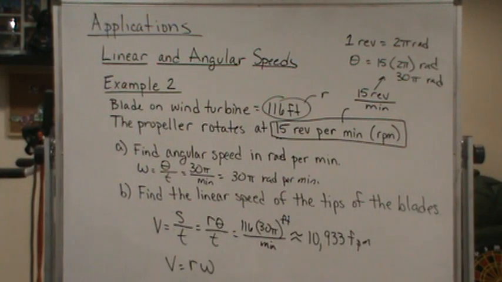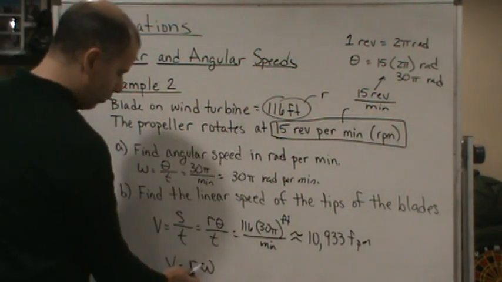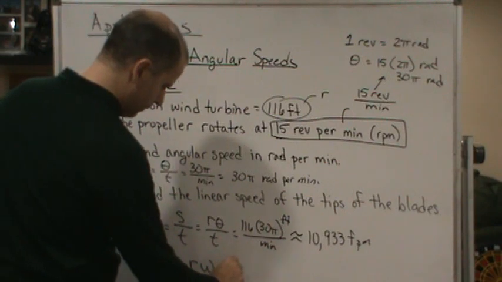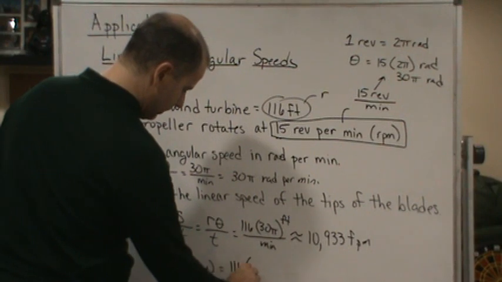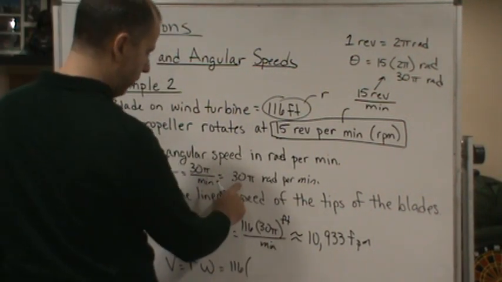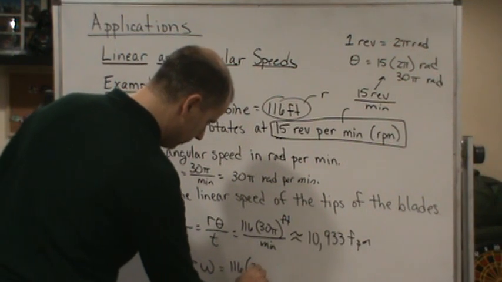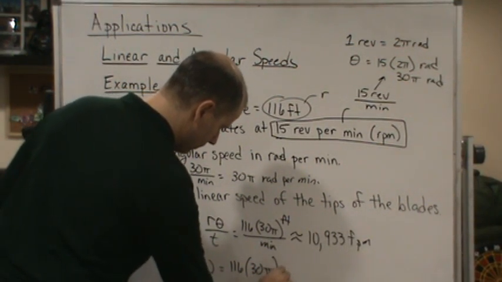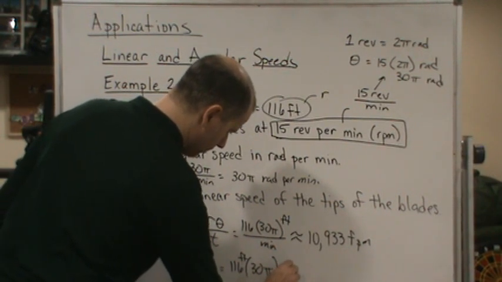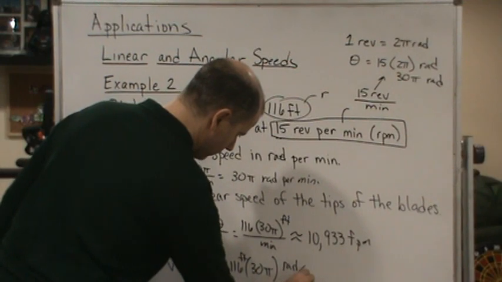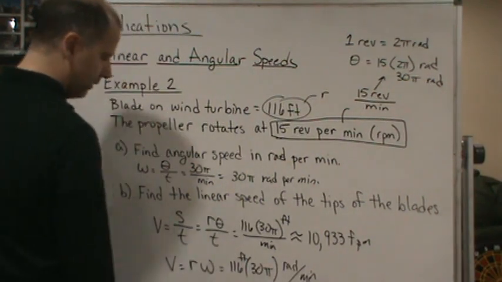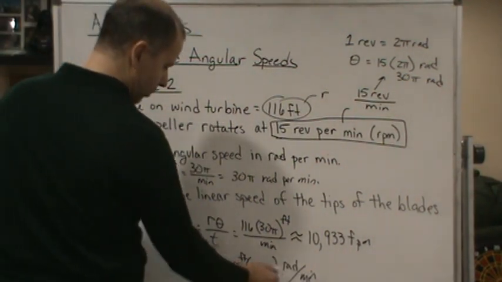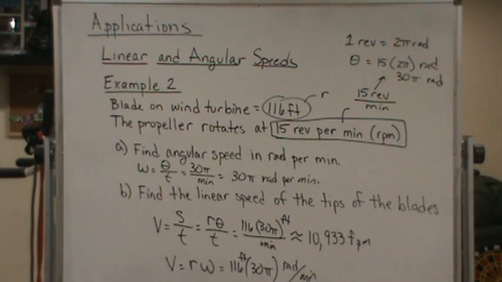So the radius is 116 times what we got, 30 pi radians per minute. Remember, radians is unitless, so we get the exact same answer either way.